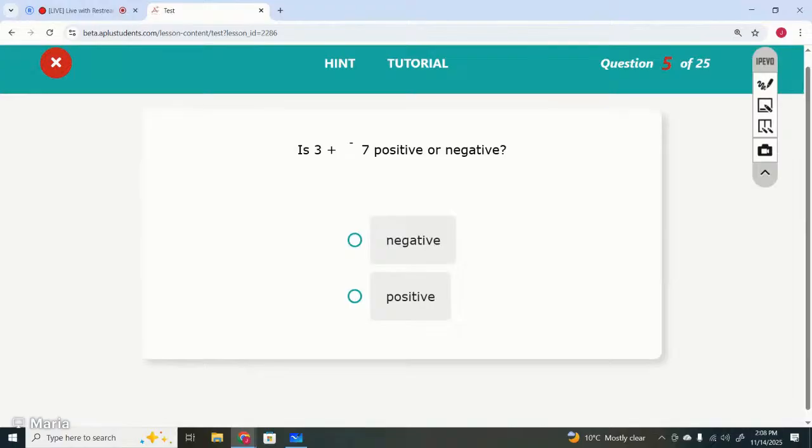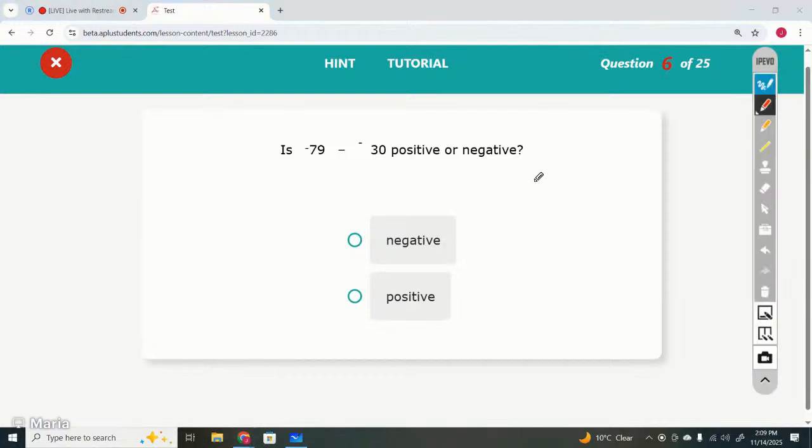Is 3 plus negative 7 positive or negative? That is negative. Option number 1 is the correct option. Is negative 79 minus negative 30 positive or negative? So subtracting a negative number is same as adding.